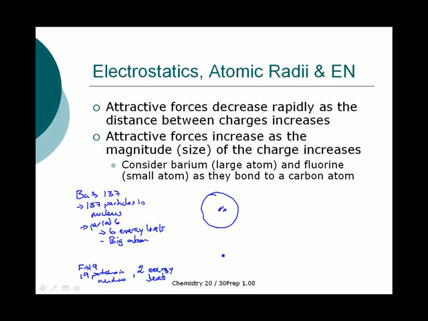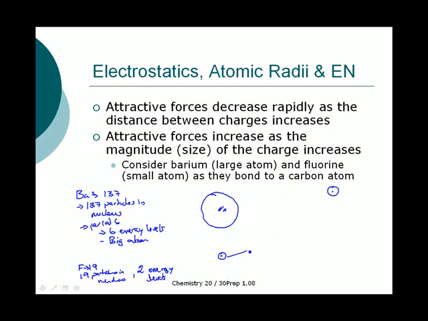So fluorine is, by comparison, much, much smaller. And there's its positive charge right there. When we look at carbon, carbon's even a little bit smaller than fluorine, or it has less charge. So carbon would be a molecule, say, about this size.